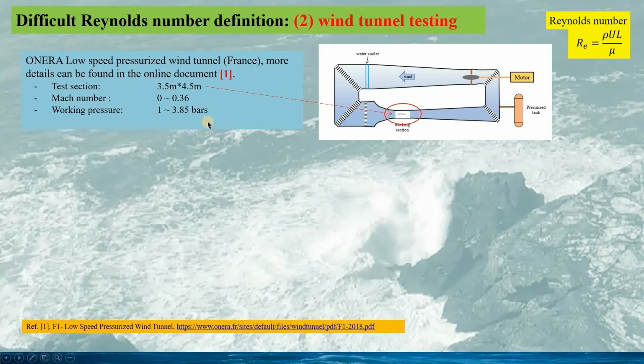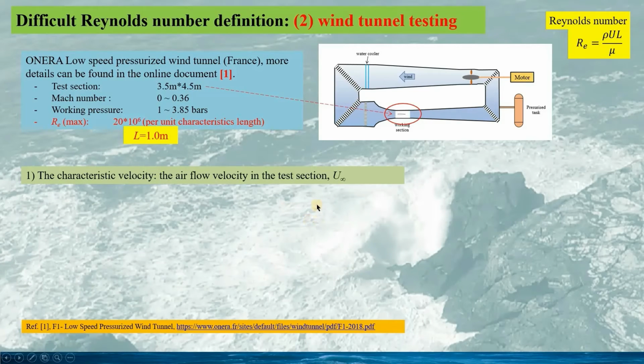And the working pressure in the wind tunnel would be 3.85 bars. In this tunnel, the maximum Reynolds number per unit length is 20 million. Here, the characteristic length L is 1 meter.